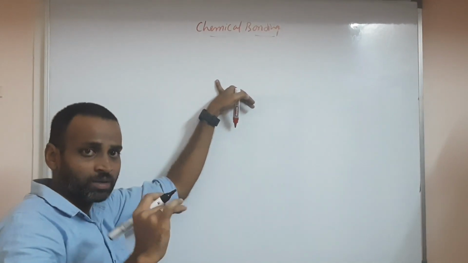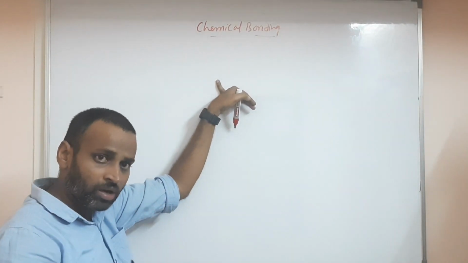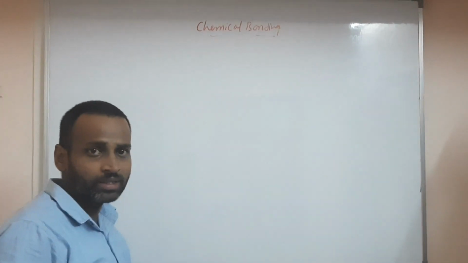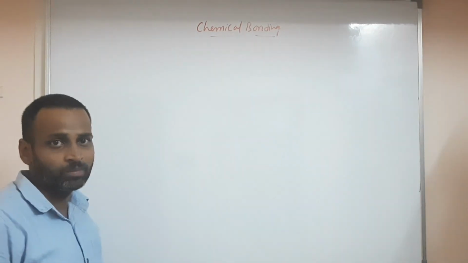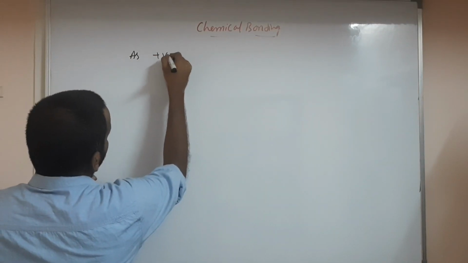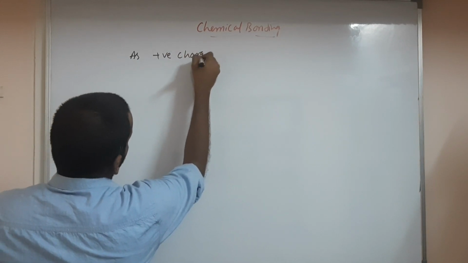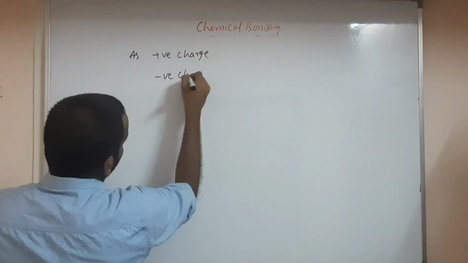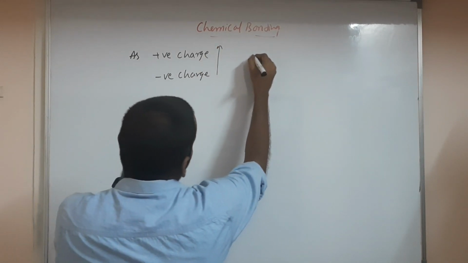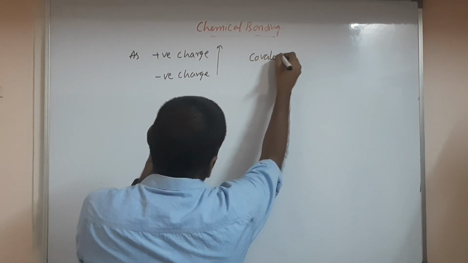But if reversed, the cation size is small and the anion size is large, then covalent bond. Those are the things you have to remember. And one more thing: as positive charge or negative charge increases, covalent nature increases.